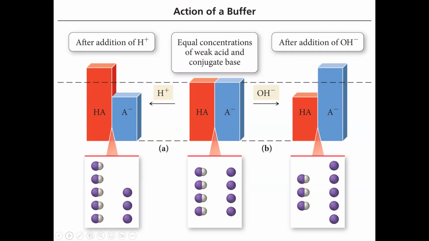So pH would go down, but only a little bit, only slightly. Whereas looking at the graph on the right, if we added the base, the hydroxide, that's going to produce more of the anions and less of the parent acid. So less of the acid means that the pH should go up, but yet again, only slightly.